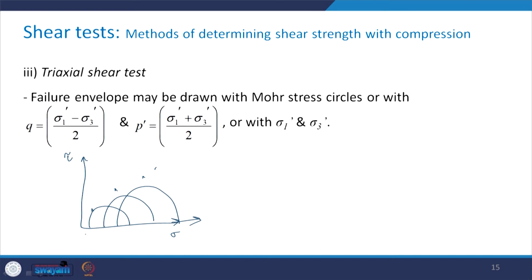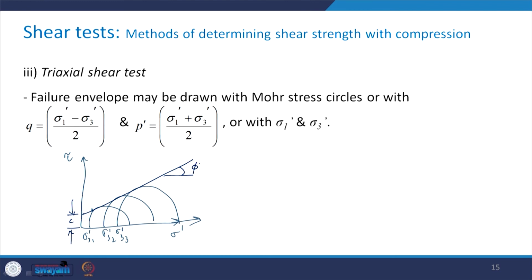So here in this case, say it is sigma 3 prime 1, this is sigma 3 prime 2, and this is sigma 3 prime 3, and then you can draw the common envelope to these 3. This intercept is given as C, and this is going to give you the value of phi. This is the usual procedure that you will use to find them.